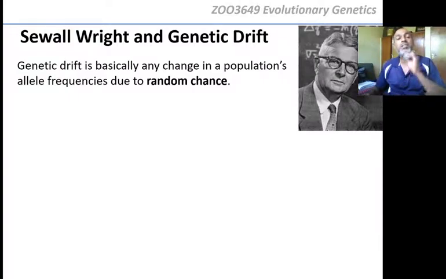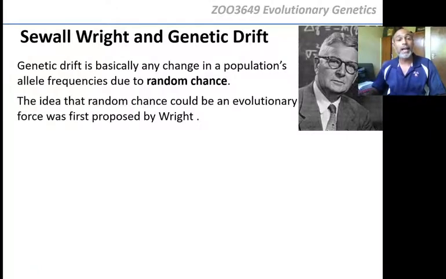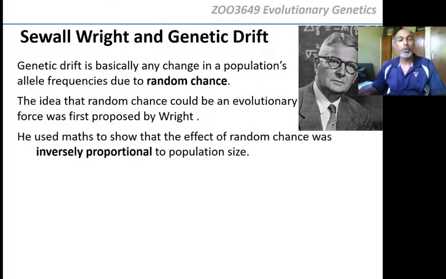Wright was the first guy to recognize that just random chance can cause evolution as well as selection. Okay? And the idea that it could be an important evolutionary force, especially when the size of the population gets small, Wright was the guy to propose that idea.